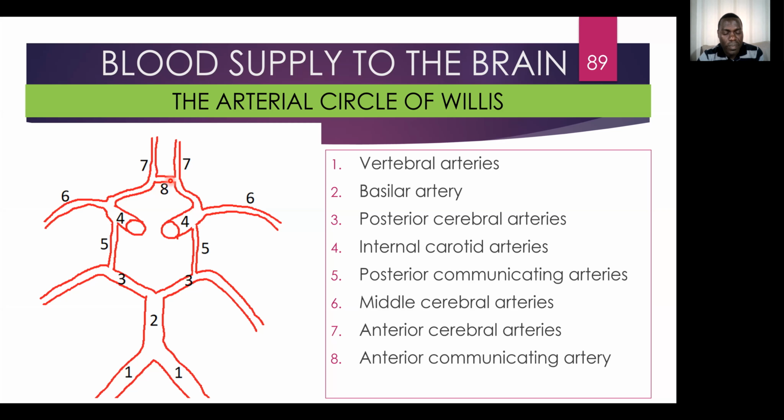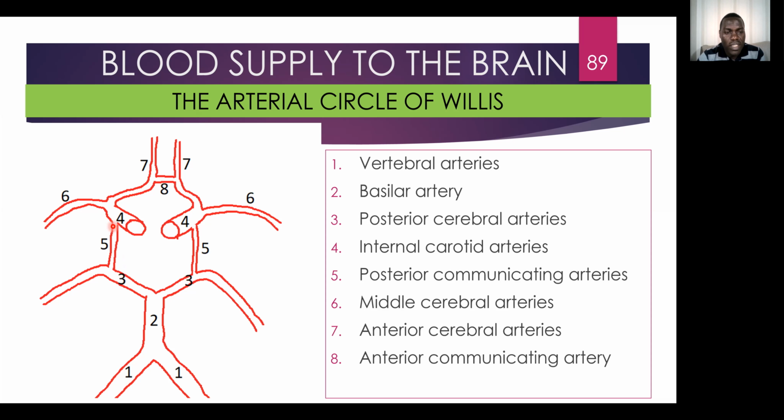So what do we see? The internal carotid artery, which is responsible for anterior circulation, is anastomosing with the vertebrobasilar system responsible for the posterior circulation. Anastomosis is the communication between two or more vascular beds.